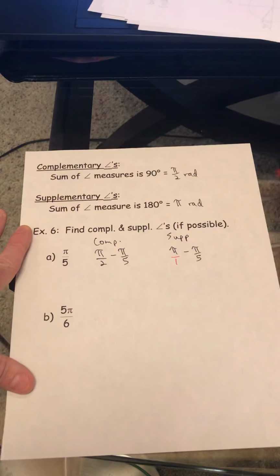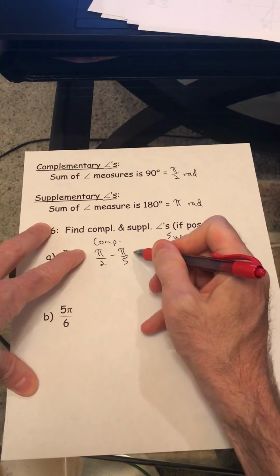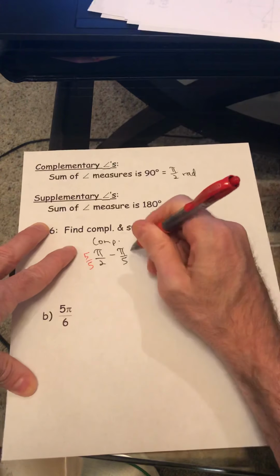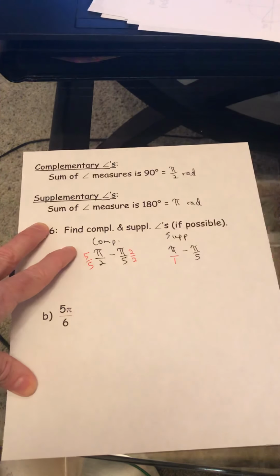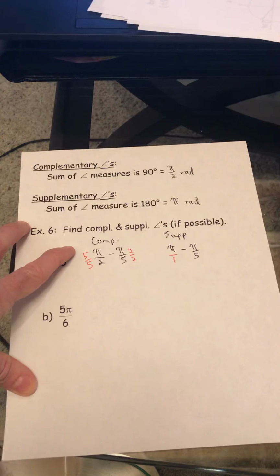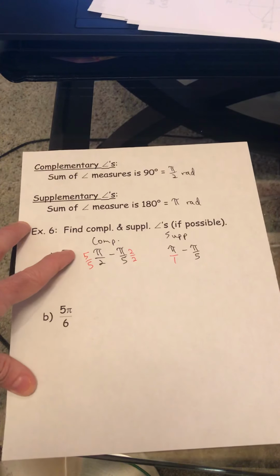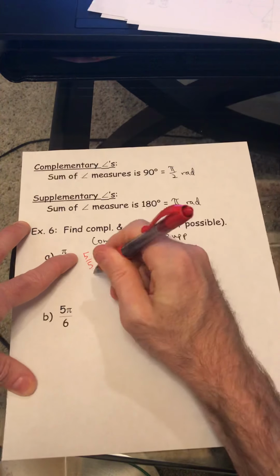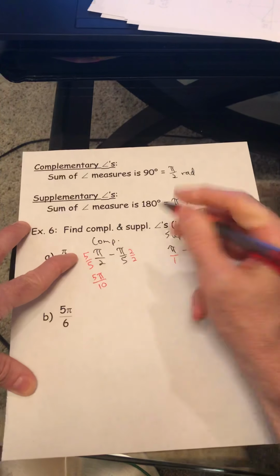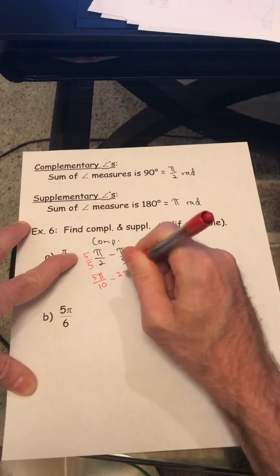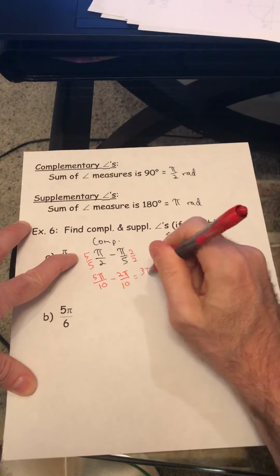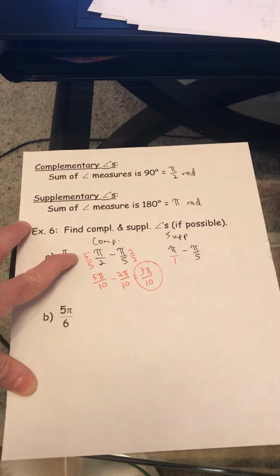To find the supplement, we take pi minus pi over 5. So, again, a lot of common denominators. That's going to be something that shows up a lot this semester. It's also one of the reasons why we spent several sections at the very beginning of first semester going back over rational expressions. So 5 pi over 10 minus 2 pi over 10 is 3 pi over 10 for the complement.